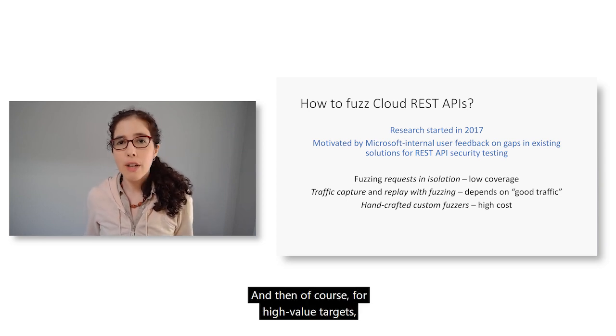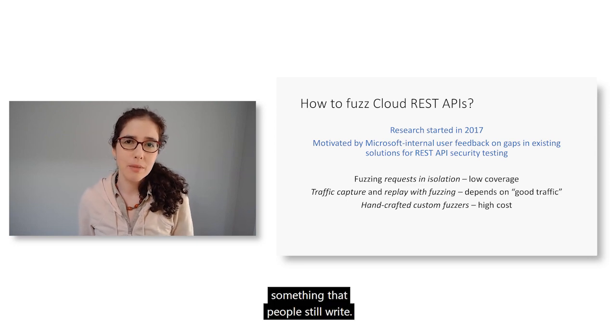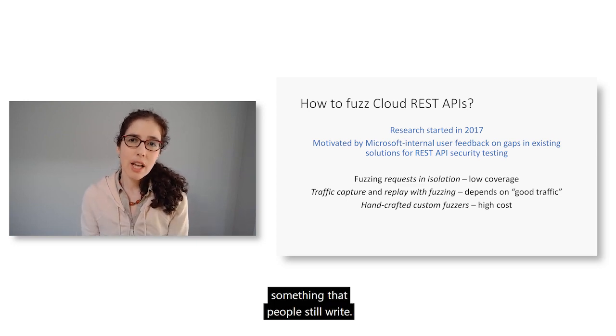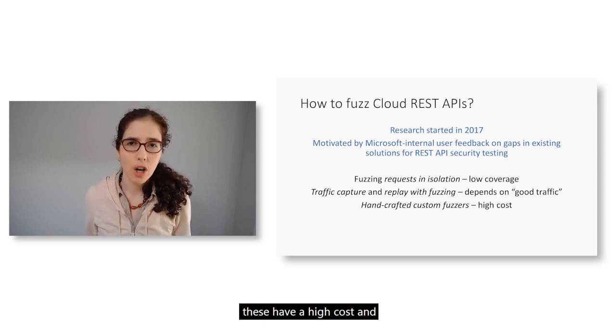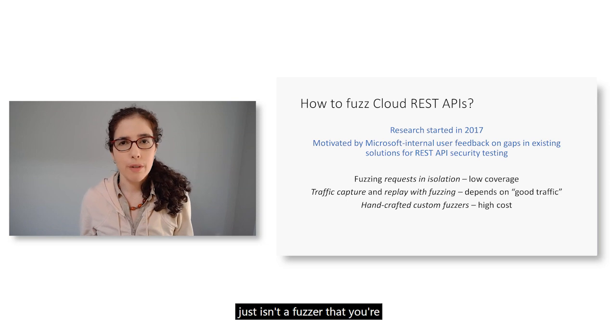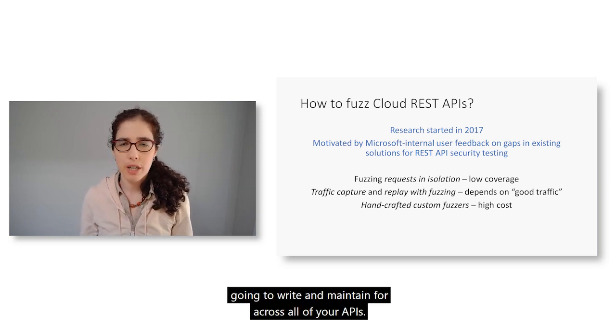And then, of course, for high-value targets, handcrafted custom fuzzers is something that people still write. And this can be very, very effective, but of course, these have a high cost and just isn't a fuzzer that you're going to write and maintain across all of your APIs.